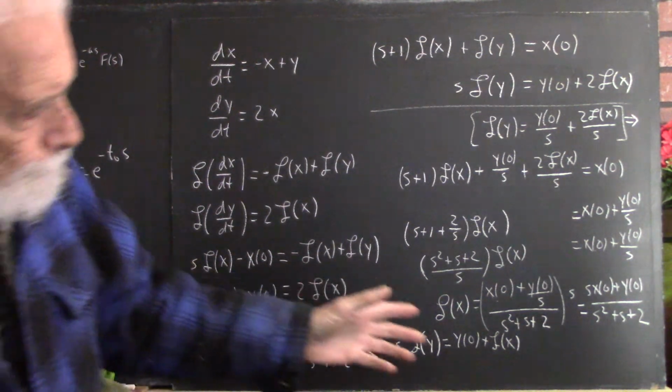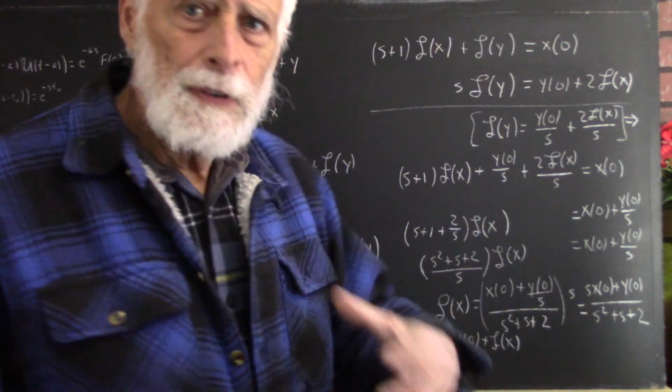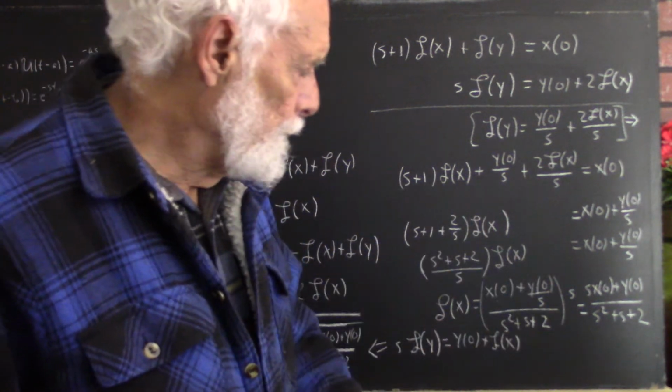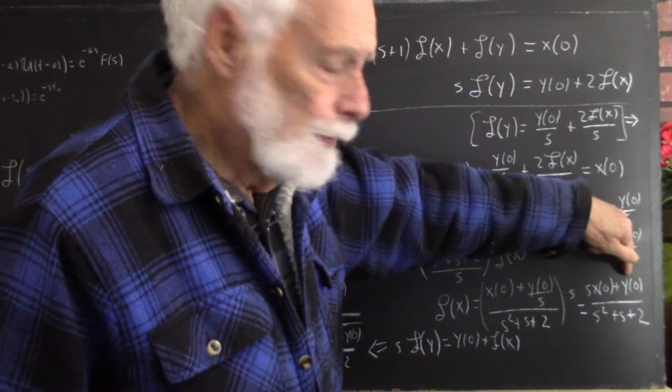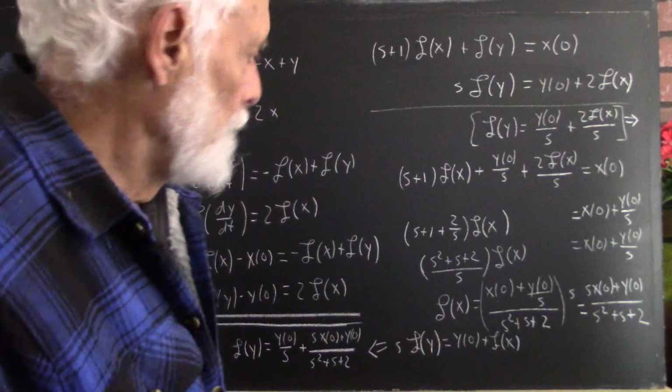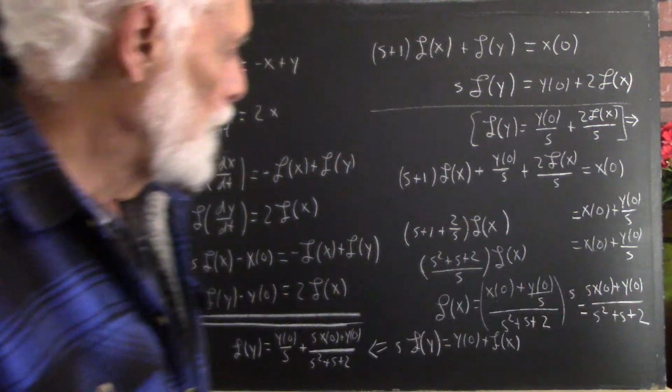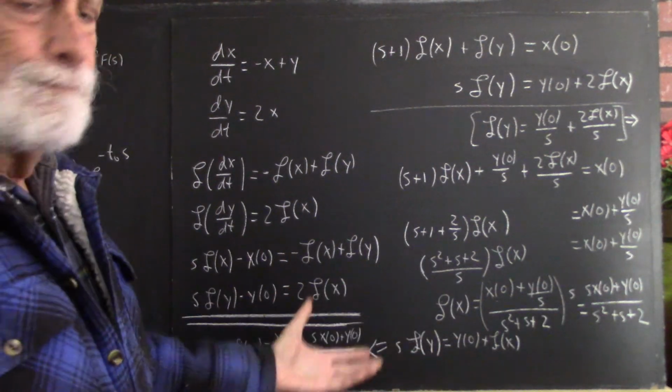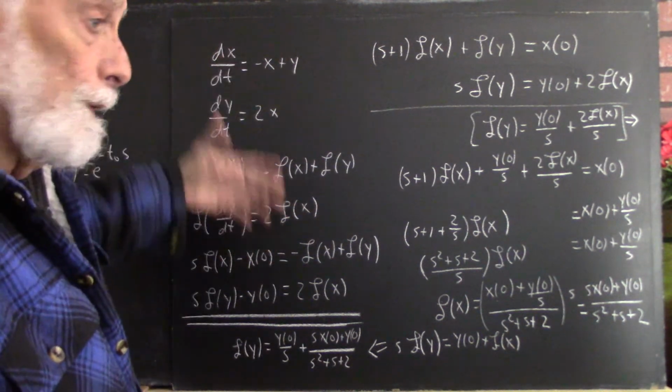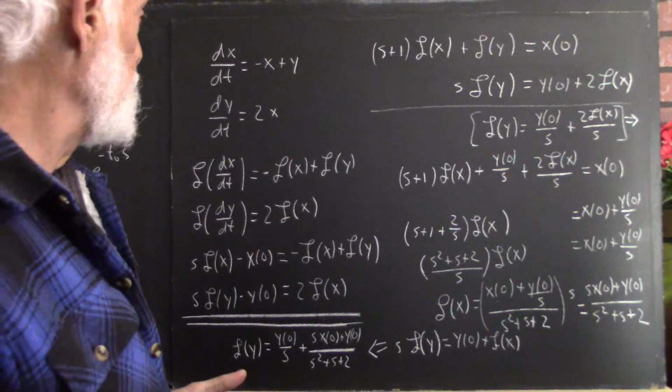Also, the rest of what you get, the coefficients you get and so forth, depend on what x of 0 and y of 0 are. So you've got to plug in your values of x of 0 and y of 0 in order to get your specific functions. But that's the process, and it's not a difficult process.